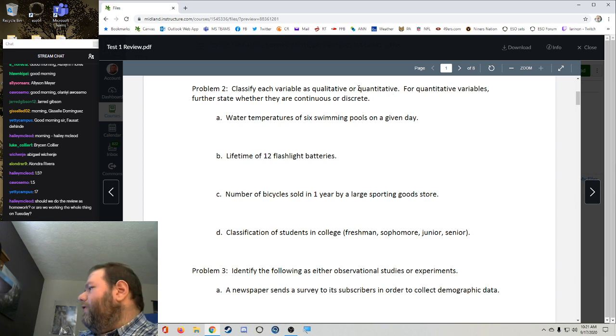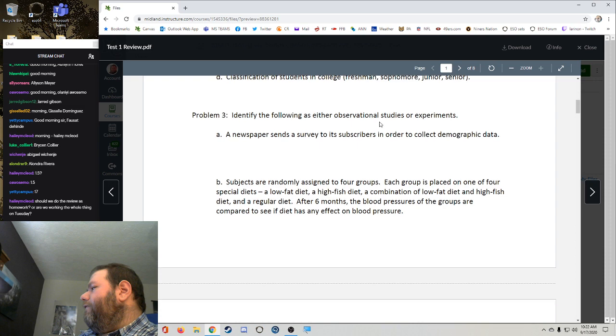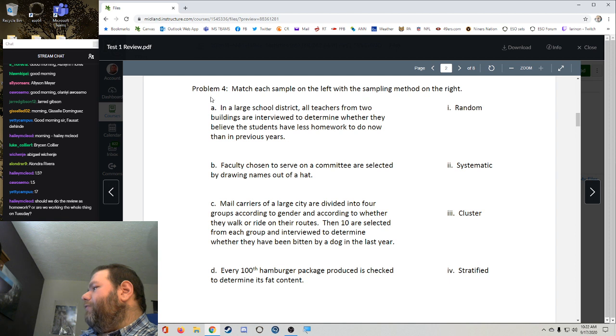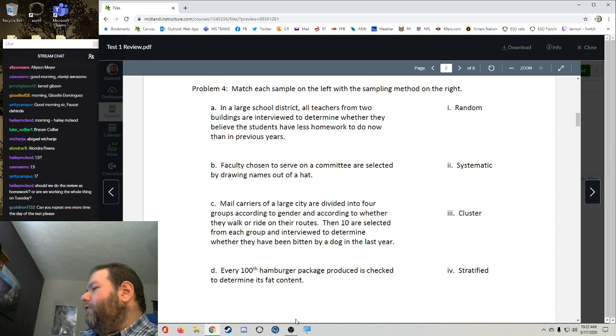Now I might change that to say categorical here, I think I'm going to use categorical instead of qualitative. So I apologize for that miscommunication there. If we do have a quantitative variable, we want to also state if it's continuous or discrete. And so we have 4 different parts to that problem. And then observational study or an experiment, we have that. And then problem 4, that would be a matching problem, so we have 4 answers.